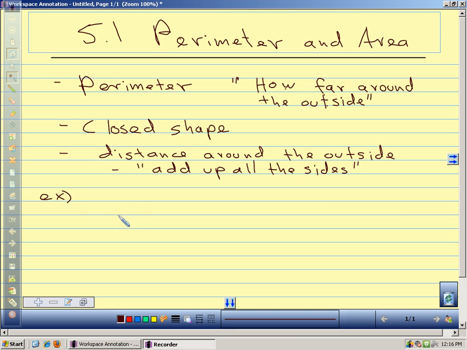If we had some kind of shape like this, and we know that this is 9, this is 7, and this is 8, and this is 10.